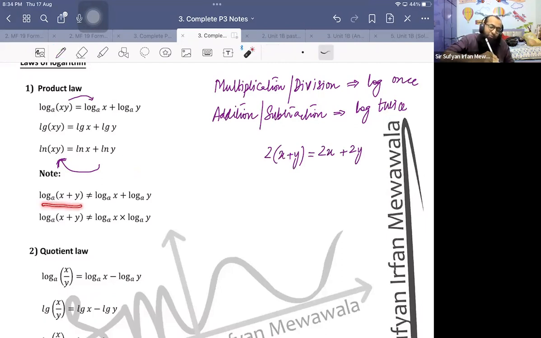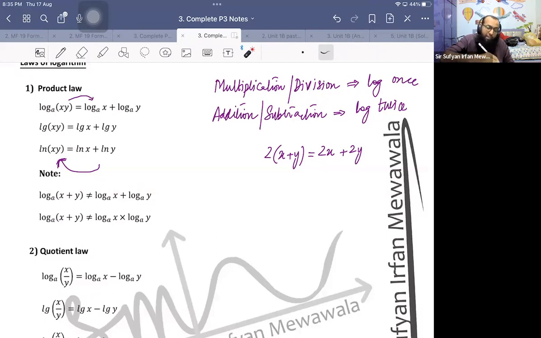But in case of logs, this is not the case. Log with a base of a is not a number like 2 that we multiply it by x and we multiply it by y and we take a positive sign in the middle. No, it's not like that. Log of x plus y with a base of a cannot be equal to log of x with a base of a plus log of y with a base of a. We cannot do like that.